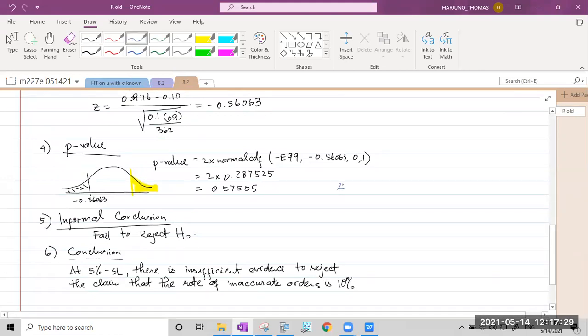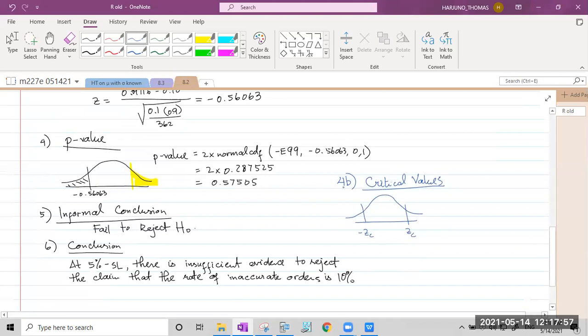For part 4b, critical value, we have two tails, both of them standard normal, both of them Z-score, and we need 5%, that's the alpha, so 5% divided by 2 is 2.5% each tail. 5% means in the middle we have 95%, so this is the critical value whose area to the left is 0.975.